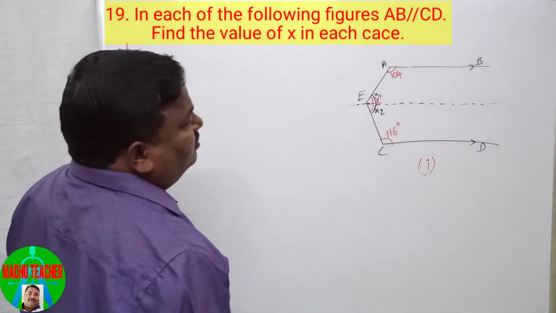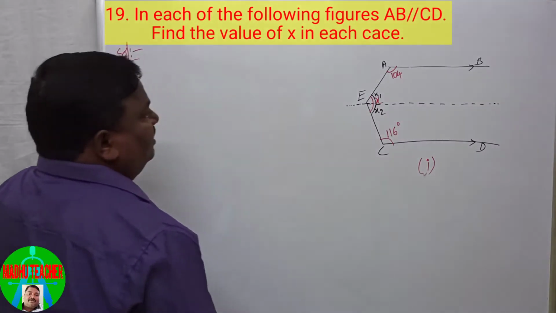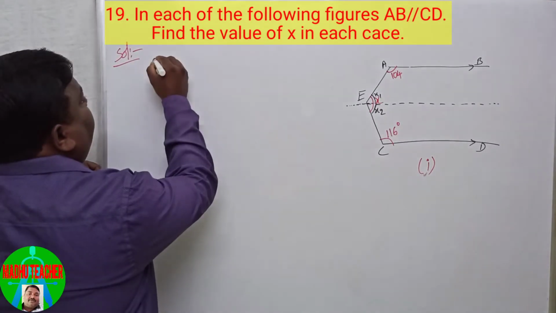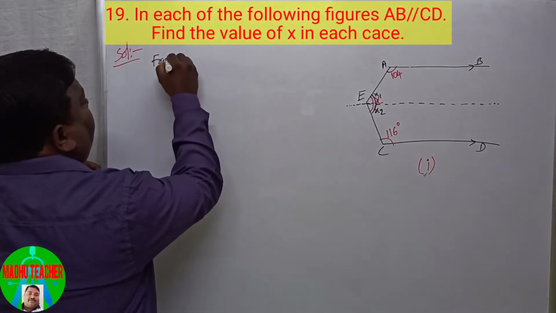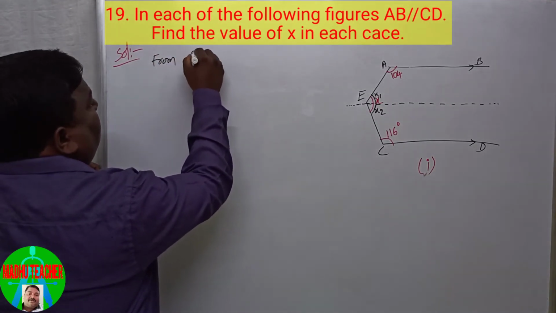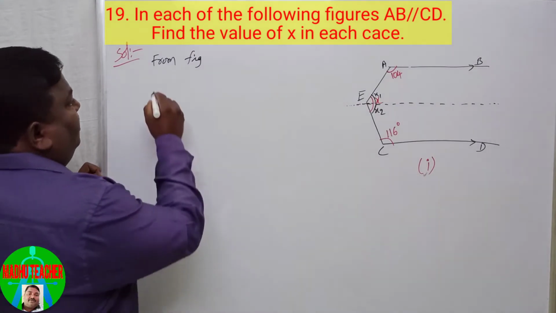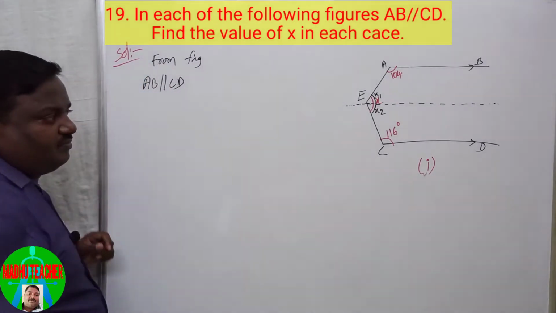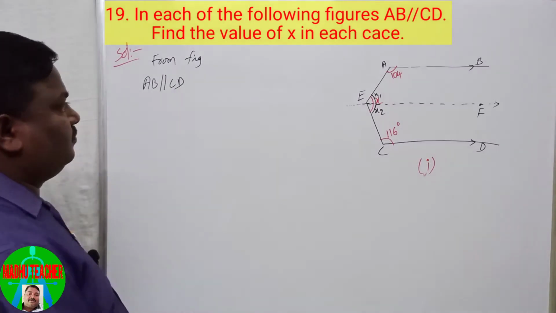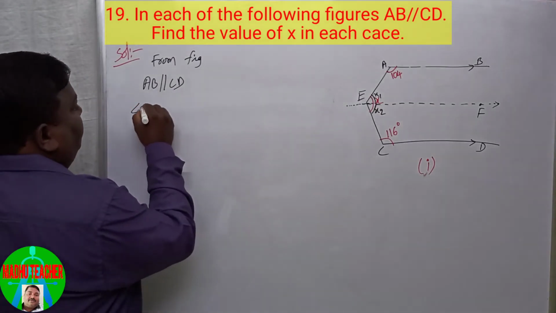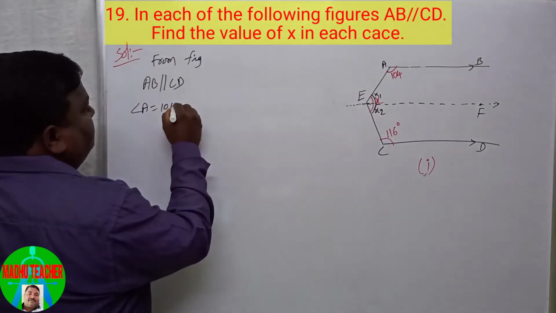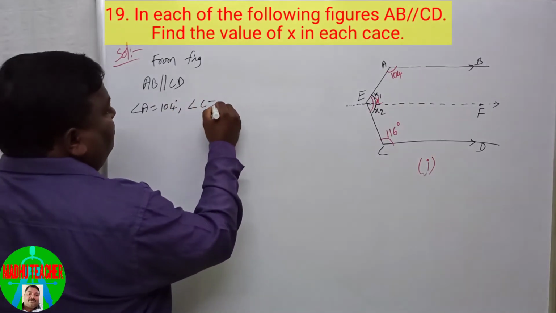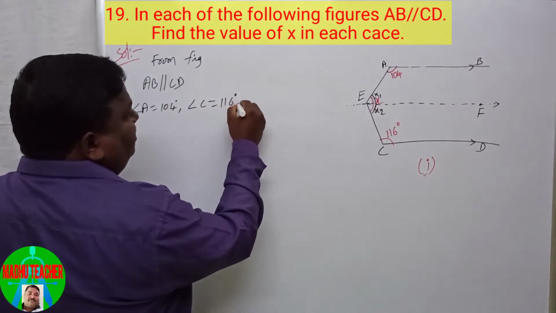So here, what we have drawn, I am writing. First, given from the figure: AB parallel to CD. Angle A equal to 104 degrees. Angle C equal to 116 degrees.